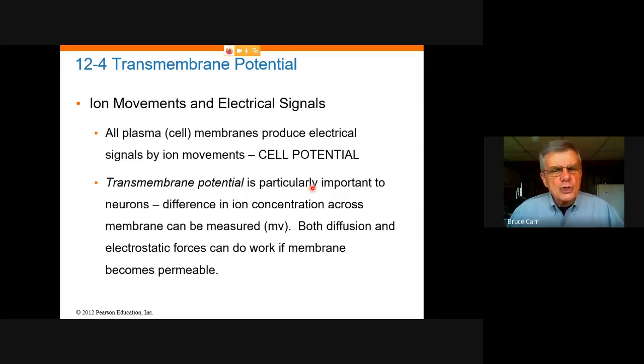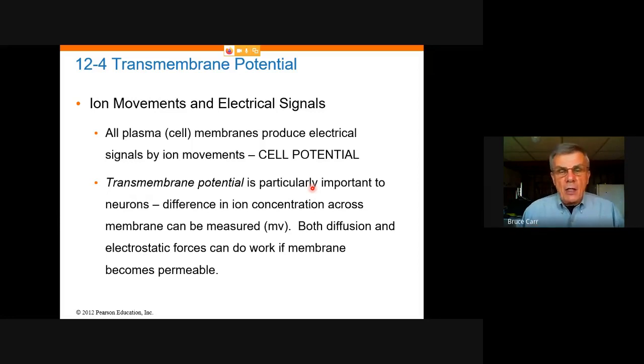It's like a little battery storing electrical energy, and this is called the transmembrane potential, or sometimes just the cell potential. Now, these are established by specific carriers that transport charged ions, things like sodium, potassium, and chloride, and establish these different concentrations.